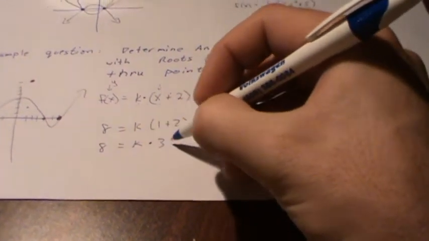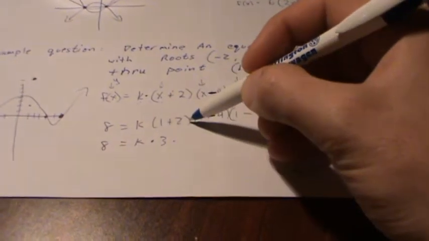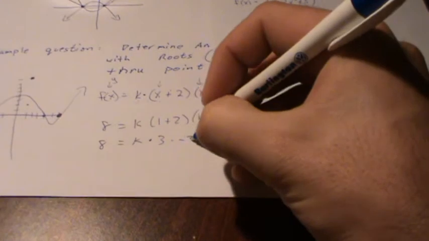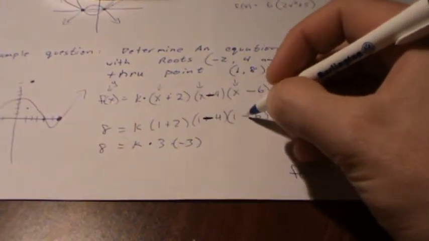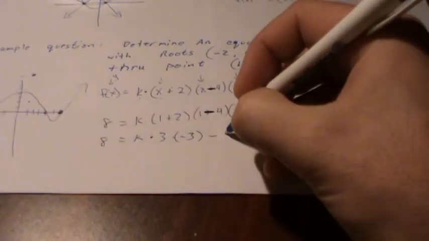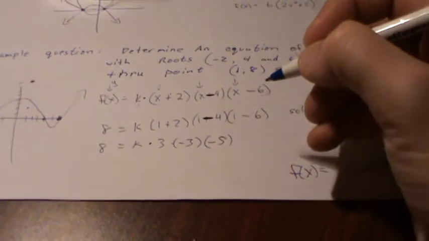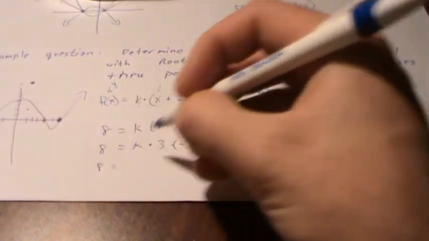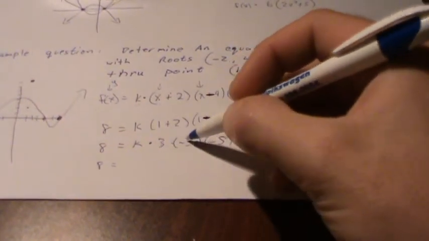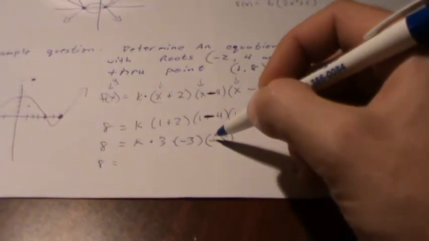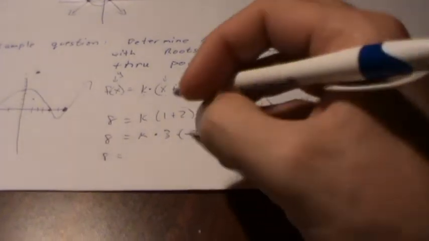K times 3, remember parentheses first here. 1 plus 2 is 3. 1 minus 4 is a negative 3. 1 minus 6 is a negative 5. And so I would say 8 is equal to 3 times negative 3 is negative 9. Negative 9 times negative 5 is 45.